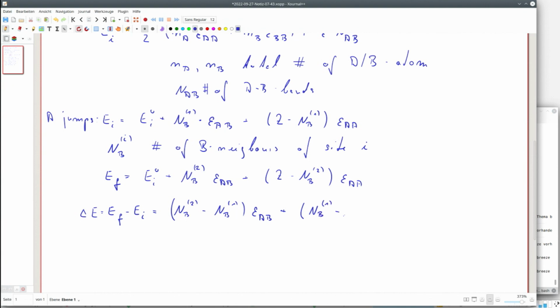NB1 minus NB2. Or if you prefer, we can put a minus sign and then have the minus here.